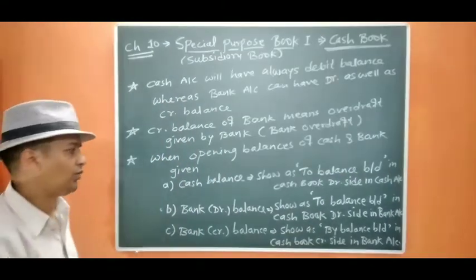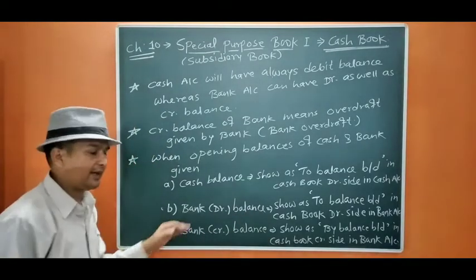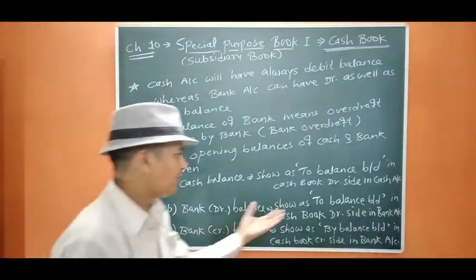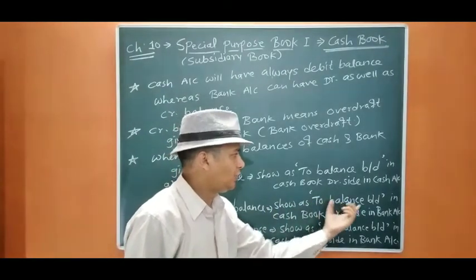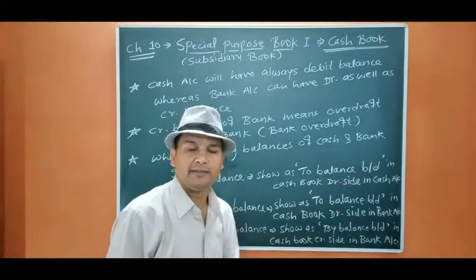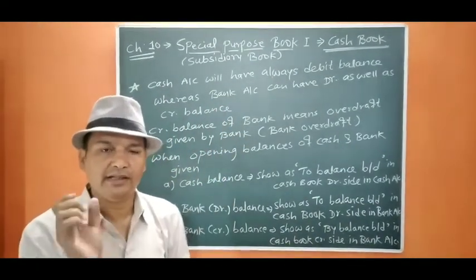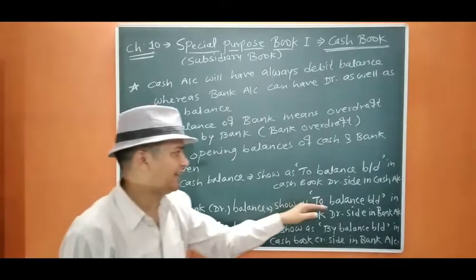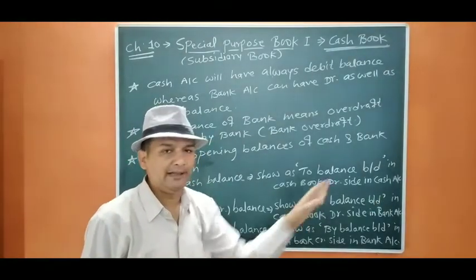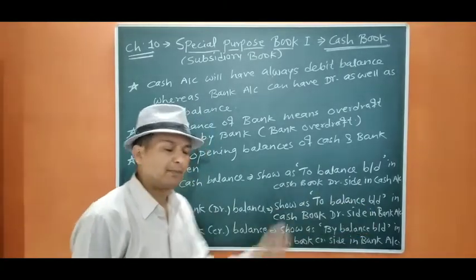Okay, bank debit balance, that means we are having a positive balance, shown as 'to balance b/d' on the debit side in the bank account column. Okay, in the cash book debit side, in the bank column we are going to write it as 'to balance b/d'. In particulars we are going to write balance b/d, and the amount you are going to write in the bank column.